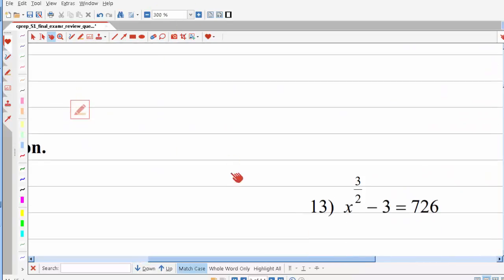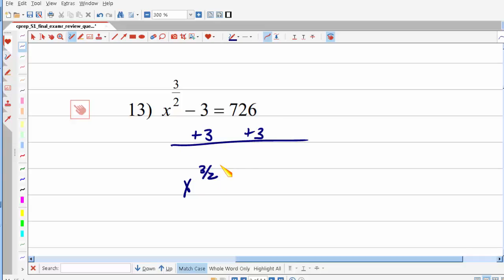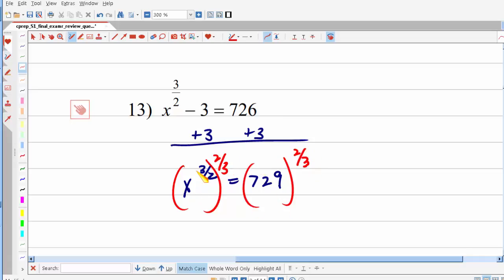Okay, so now 13, I do have a step in the beginning, so I'm going to have to add 3 to both sides. That's going to give me x to the 3 halves equals 729. All right, now I have the expression with the exponent all by itself on one side of the equation, so I'm going to raise both sides to the reciprocal power of 3 halves.